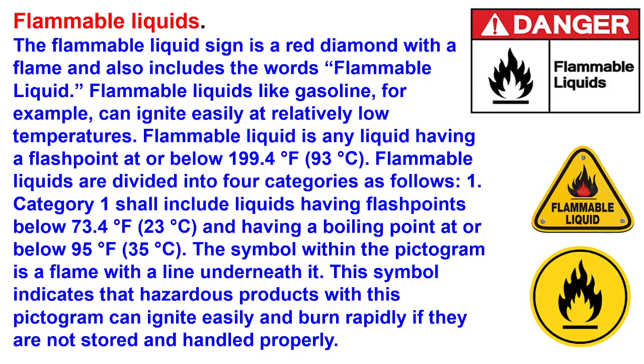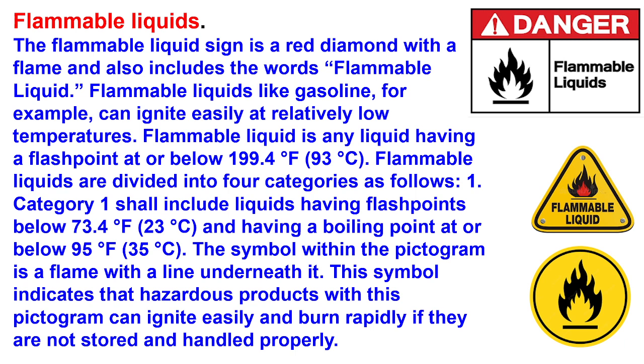Flammable liquids. The flammable liquid sign is a red diamond with a flame and also includes the words flammable liquid. Flammable liquids like gasoline, for example, can ignite easily at relatively low temperatures. Flammable liquid is any liquid having a flash point at or below 199.4 degrees Fahrenheit. Flammable liquids are divided into 4 categories as follows.